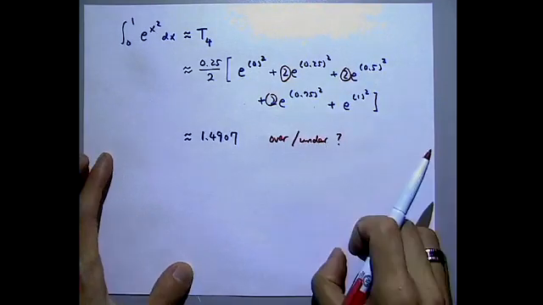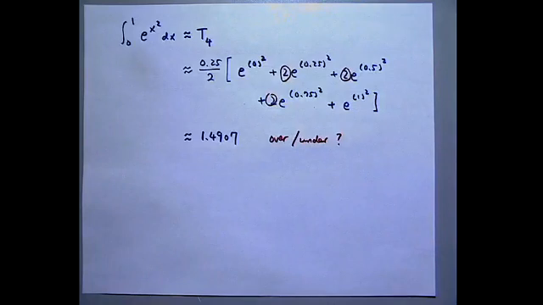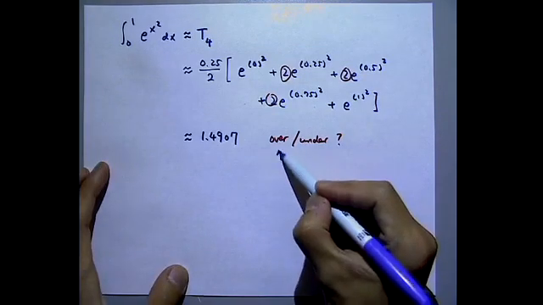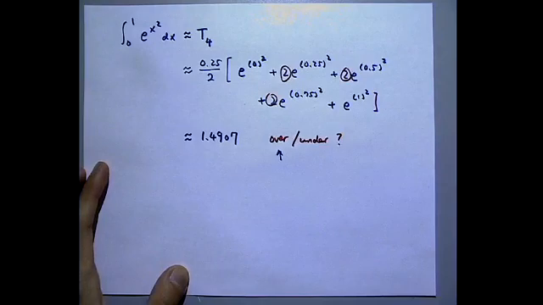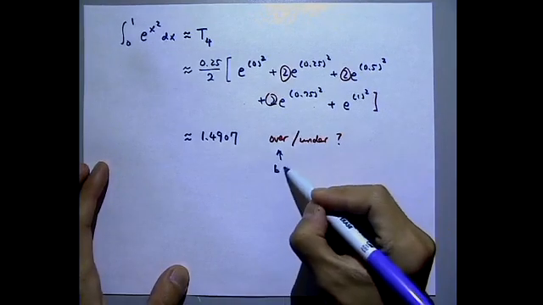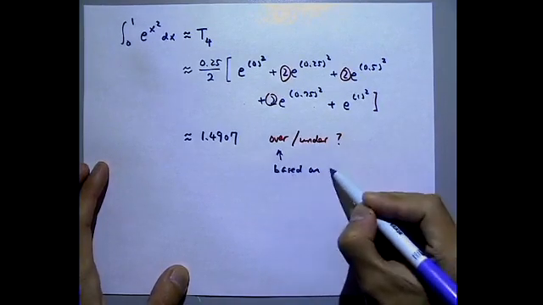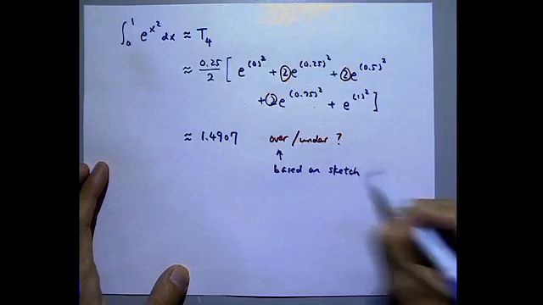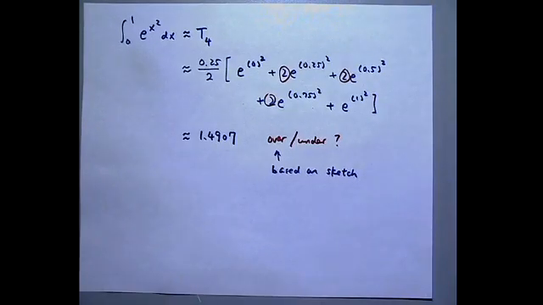Based on the picture we drew earlier, can you say if this is an overestimation or an underestimation? Over, yeah. Again, simply based on the picture. In fact, here's an interesting observation.